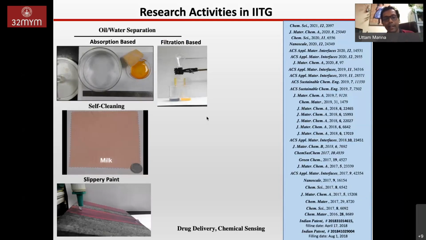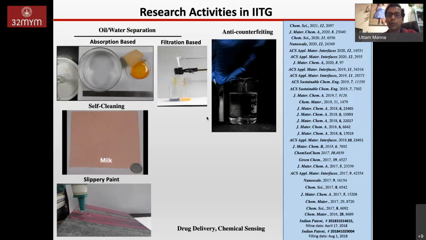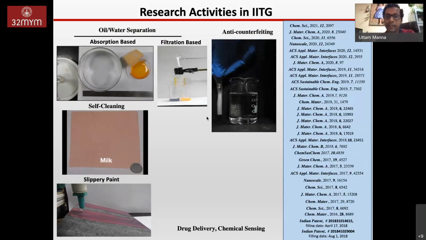You can really protect yourself from those accidental spillages. Not only that, you can take commercially available aqueous paint, associate this bioinspired property, and make that paint instantly water repellent and slippery. And if you strategically associate superhydrophilicity and superhydrophobicity, you can make an interface useful for anti-counterfeiting applications also.